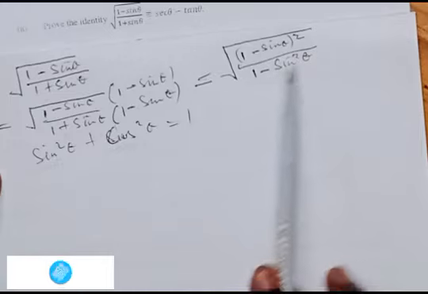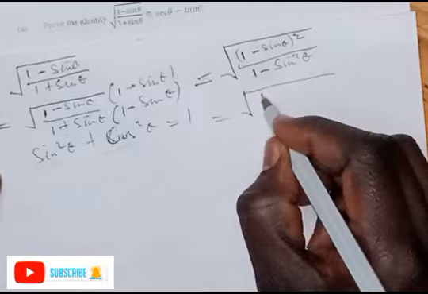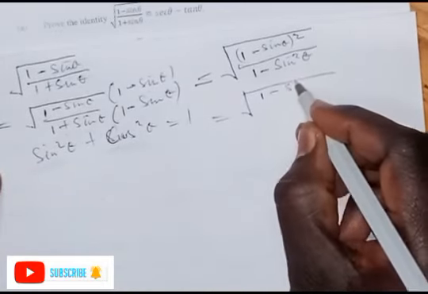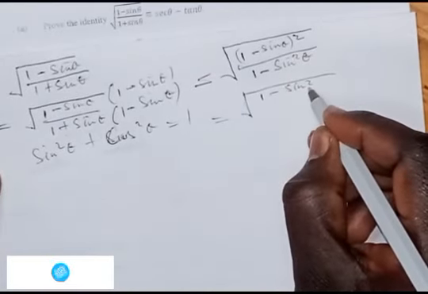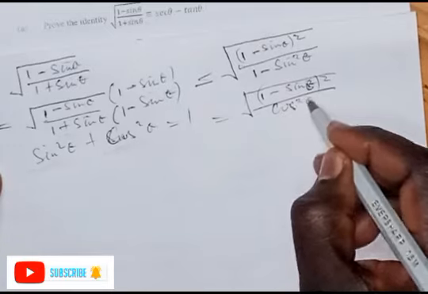So we write the identity of 1 minus sin squared theta on the denominator, which is the root of (1 minus sin theta) all squared over cos squared theta.